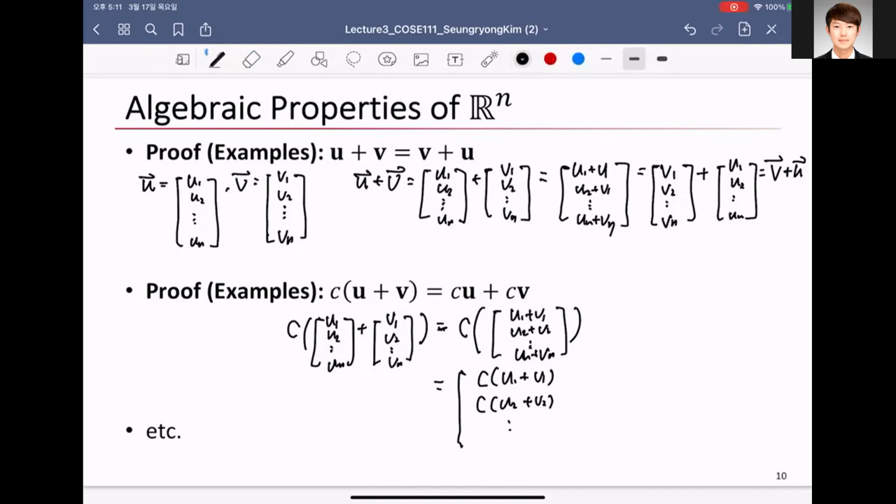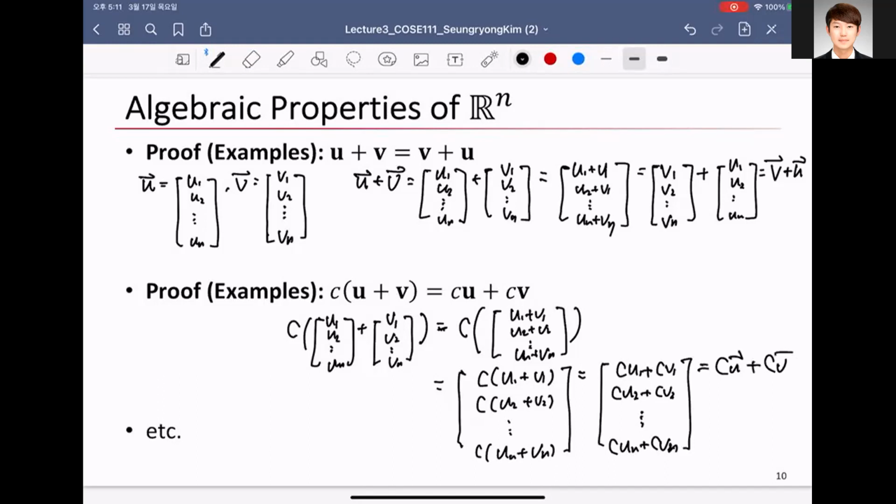It's not a vector in this case, it's just working in scalars, so of course we use the rules we already know. And this is (cu1 + cv1, cu2 + cv2, ..., cun + cvn), which is equal to cu + cv. It's very easy. So c(u + v). That's it.